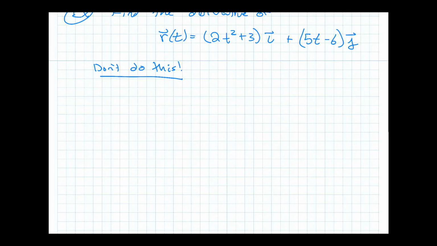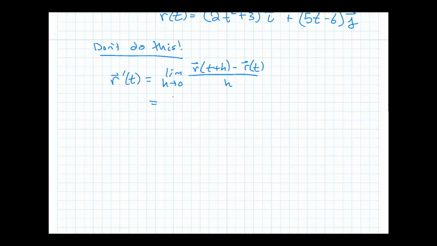but you could say that r prime of t is the limit as h goes to 0 of r of t plus h minus r of t over h.